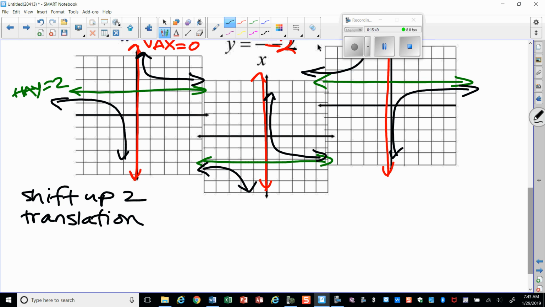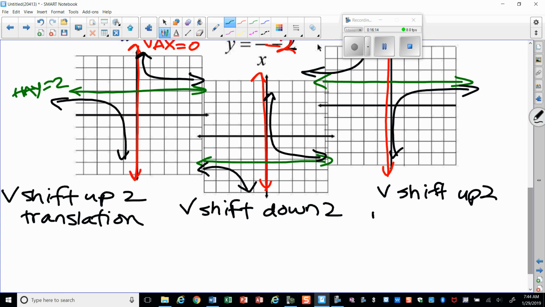And then this one was just a shift down 2. If we wanted to, we could say that's a vertical shift. If you're going up and down, that's a vertical shift. So now here we could say I've got a vertical shift up 2, and then I also have a reflection over the x-axis.